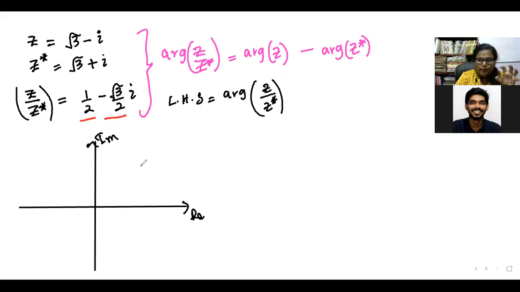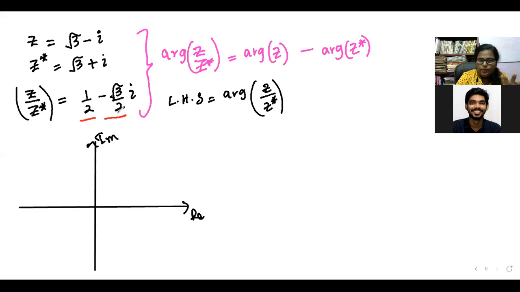When you are drawing this complex number on an Argand diagram, you have to consider these minus values, right? I just told you to neglect these signs when you are taking tan values, because we apply tan values for some triangles. So the sides of the triangle are not minus values, right? The length of some side of a triangle is just a positive value. So that's why I told you to take just the value.